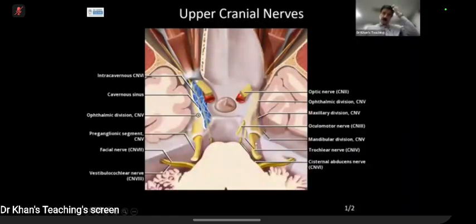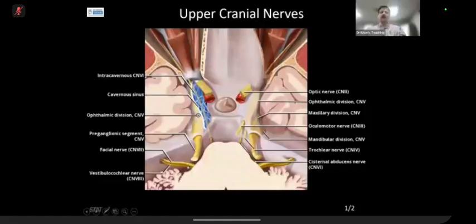So I repeat, the fifth nerve goes into Meckel's cave, two branches, V1 and V2, go into the cavernous sinus. V3 goes through the foramen ovale into the masticator space. Now, the sixth nerve passes through the sphenoid bone and goes into the cavernous sinus, and of course goes into the orbit.